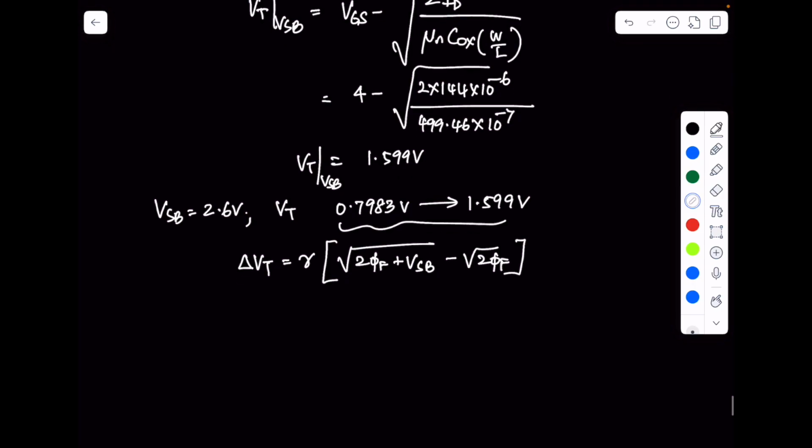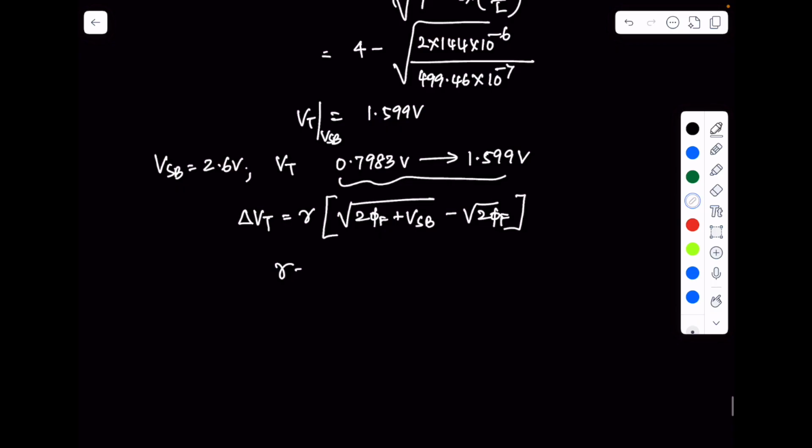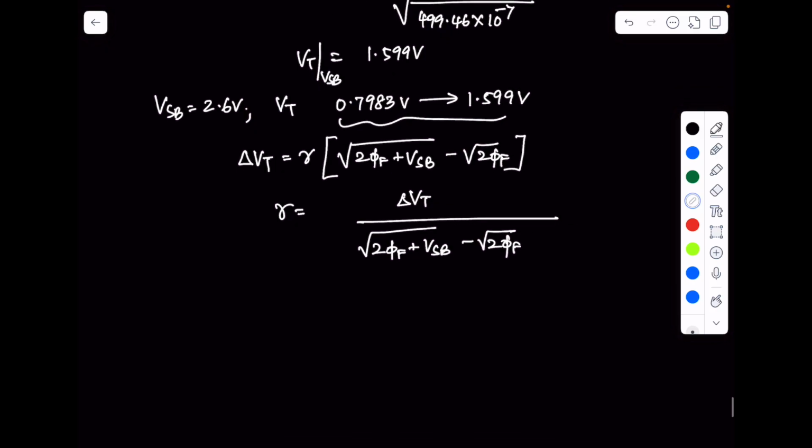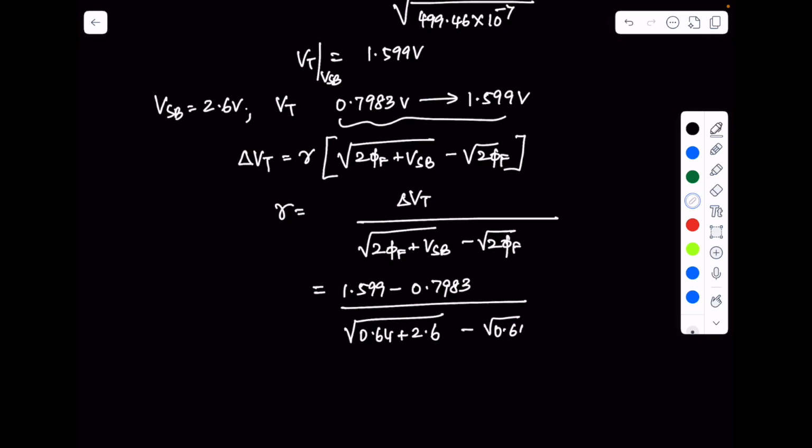So I know everything in this equation, therefore my gamma can be written as delta Vt by square root of 2 phi f plus VSB minus square root of 2 phi f, which is 1.599 minus 0.7983 divided by square root of 0.64 plus 2.6 minus square root of 0.64, which works out to 0.8097 per volt.